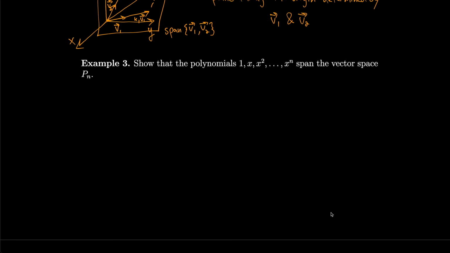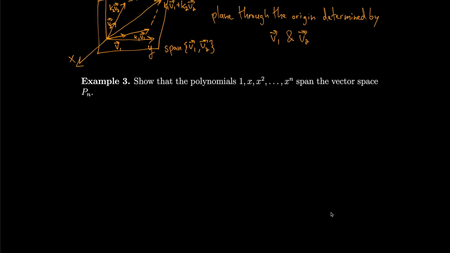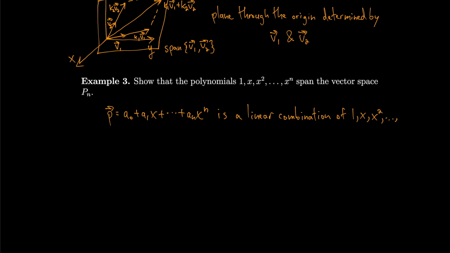How about we show that the polynomials 1, x, x squared through xn span the vector space Pn? So I could just write a polynomial P equal a0 plus a1x and so on through an xn, and that'll be a linear combination of 1, x, x squared, etc. through xn.